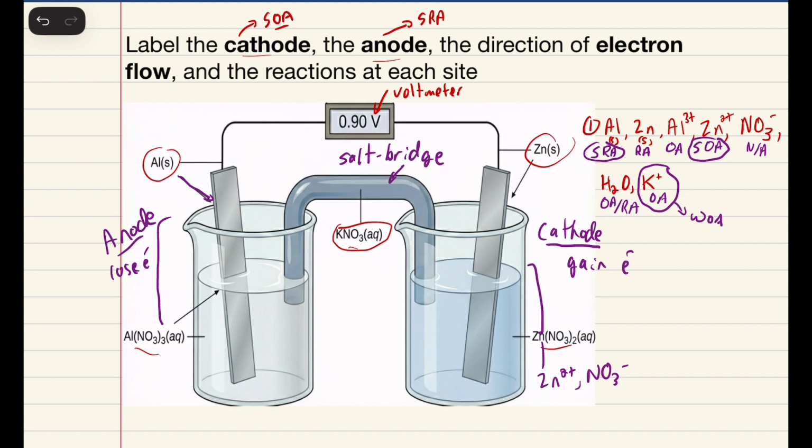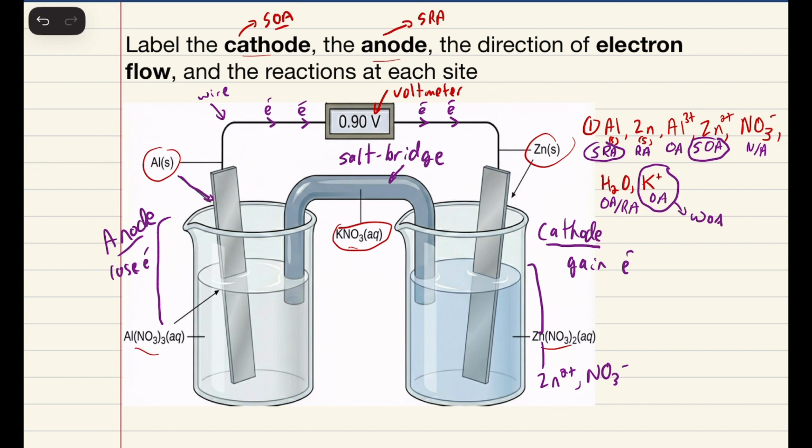So what we do is, through the wire that connects the two electrodes, we're going to draw electrons flowing, just arrowheads that point to the direction they're flowing in. From the anode to the cathode, we're symbolizing that the electrons lost by the anode are gained by the cathode. And so we show the electron flow like this.